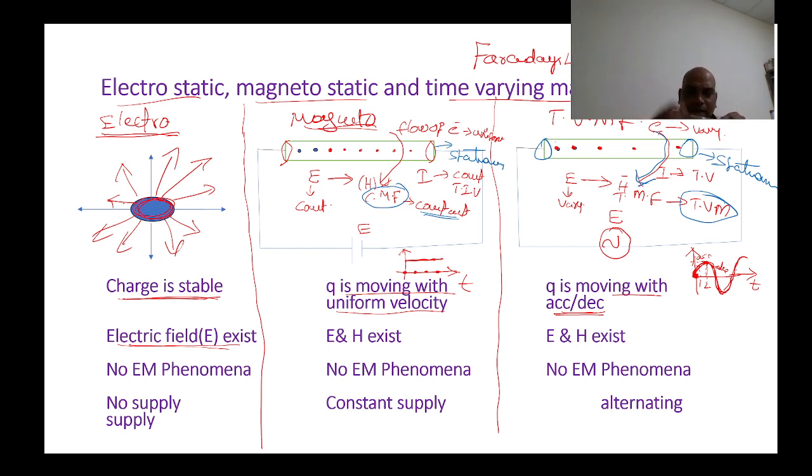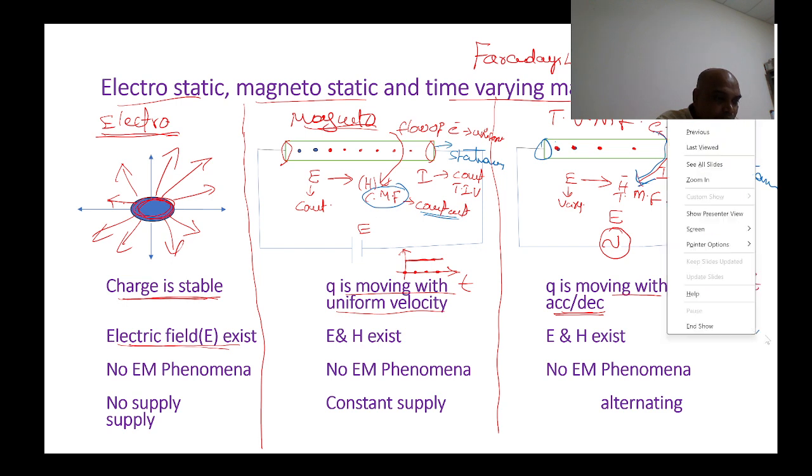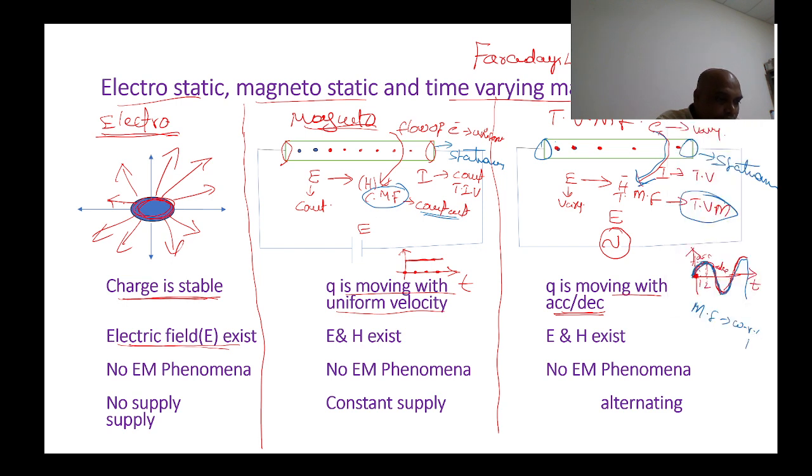This is the magnetic field direction, and it is varying with respect to time. This is positive acceleration, this is deceleration, again acceleration, deceleration. The magnetic field is varying with respect to time.